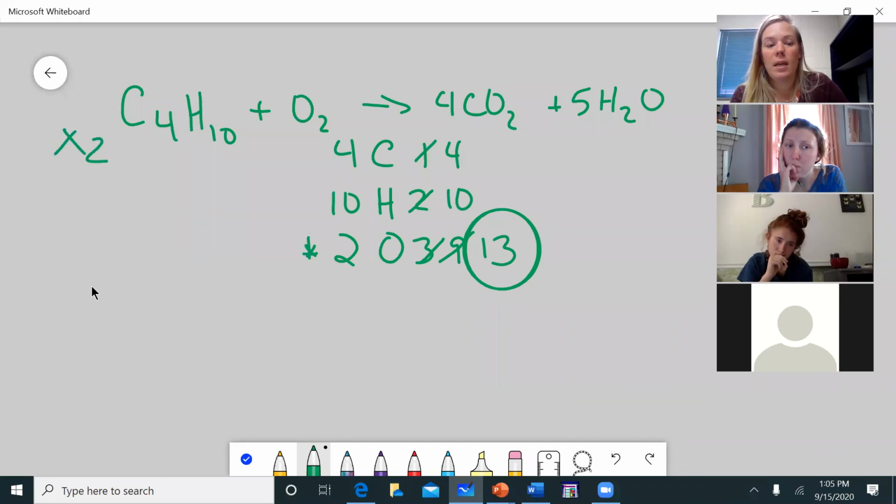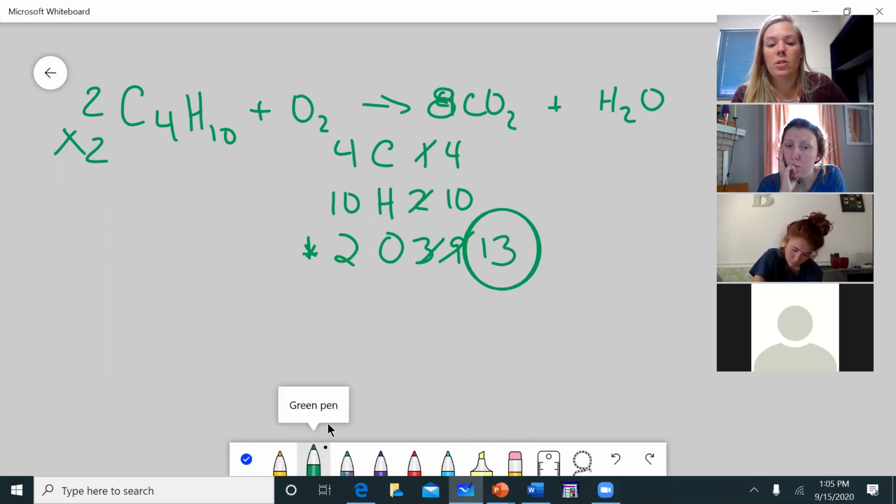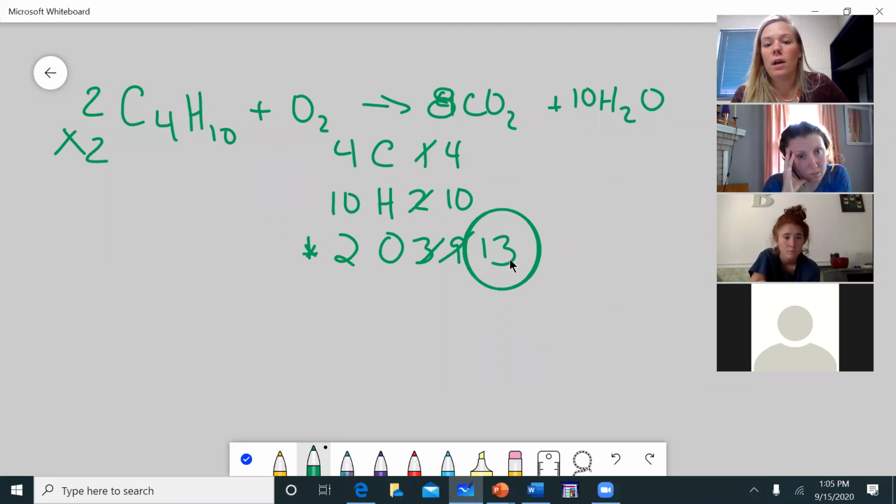So that's now going to give me 2, 8, and 10. This is just sort of the fastest way to do these ones. So multiply it by a factor of 2 because this is a multiplier of 2. And then because I have 13 here, I need to put 13 over here.